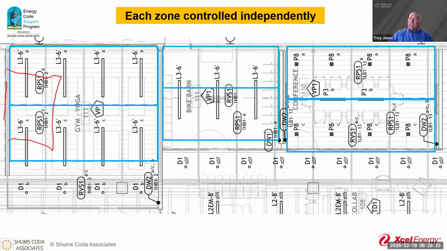All of you architects and designers can laugh at me. Bring this over here and here. Here's our primary. Here's our secondary. So now we've got a situation where we have multiple controls going on.